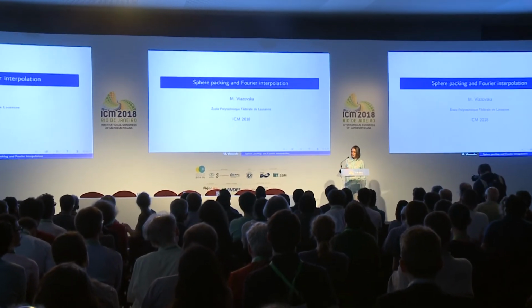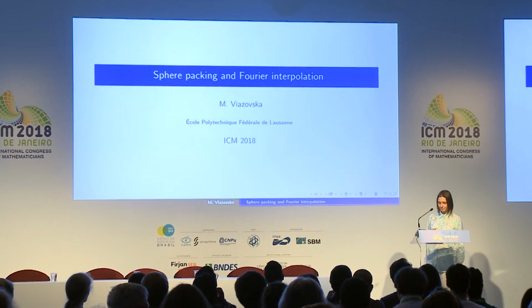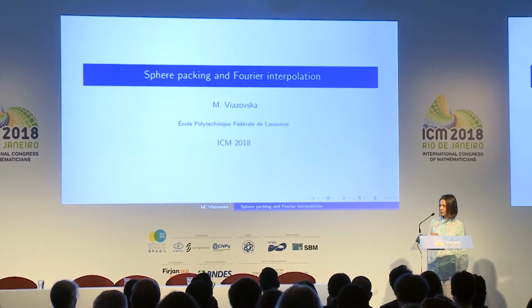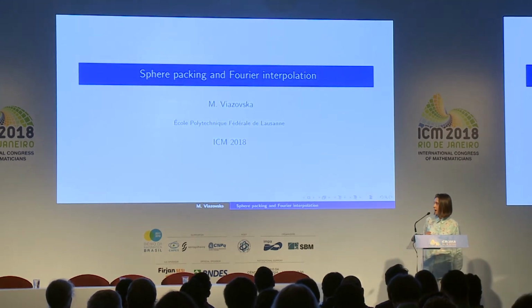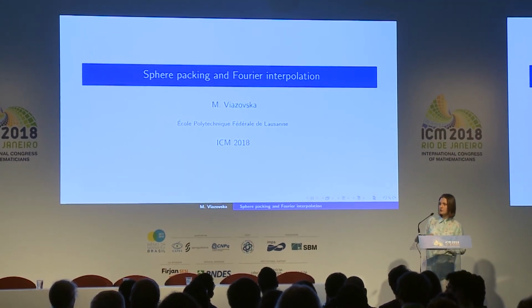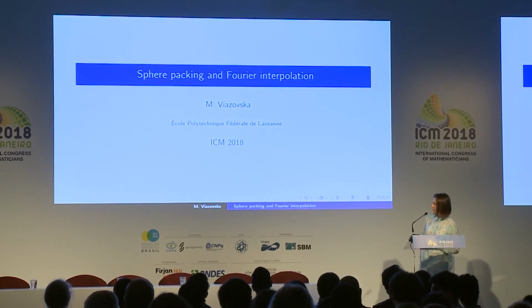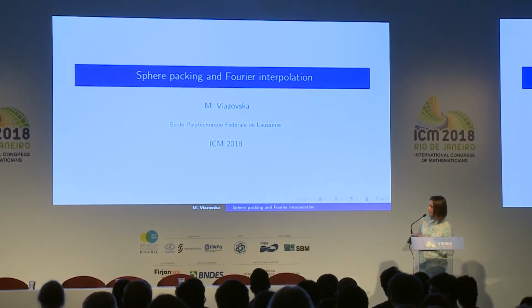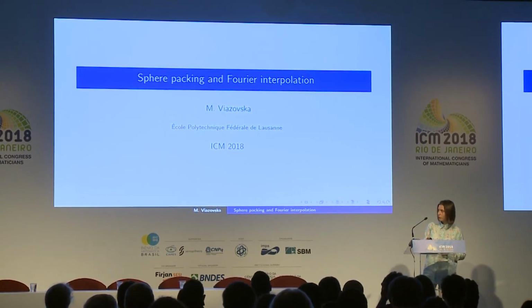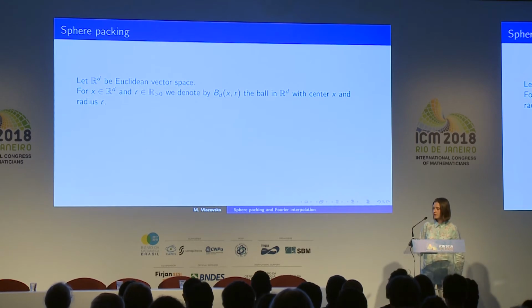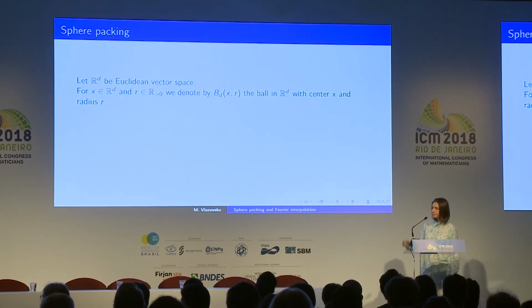On the other hand, if we are able to construct a function which attains certain extremal properties, this will give us some very useful information about optimal configurations in Euclidean space. And in particular, it can explain the crystallization in certain dimensions.